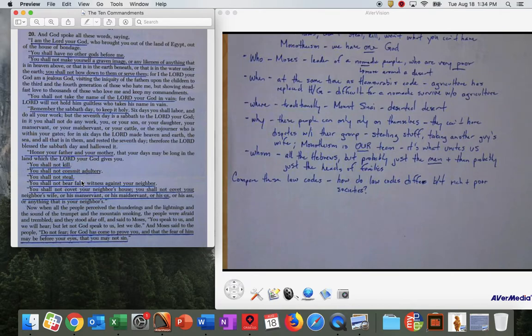Hammurabi is very specific. We're talking about specific types of violence we want to prevent. Why does that difference happen? Well, Hammurabi is in a settled society where they can worry about those things. Moses is just trying to keep everybody together, trying to keep everybody alive.